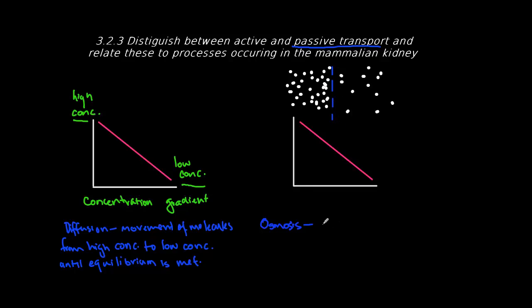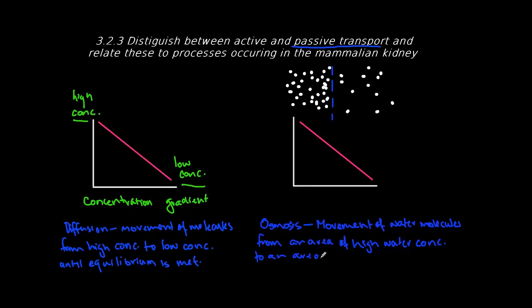Osmosis is defined as the movement of water molecules from an area of high water concentration to an area of low water concentration, and specifically through a selectively permeable membrane.